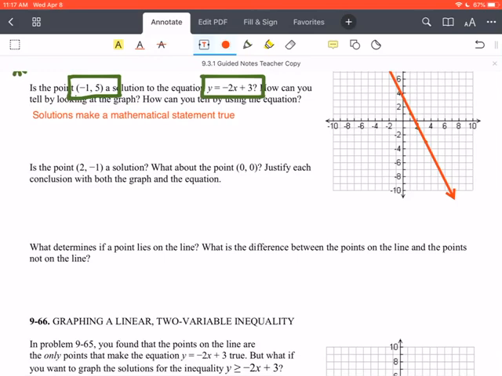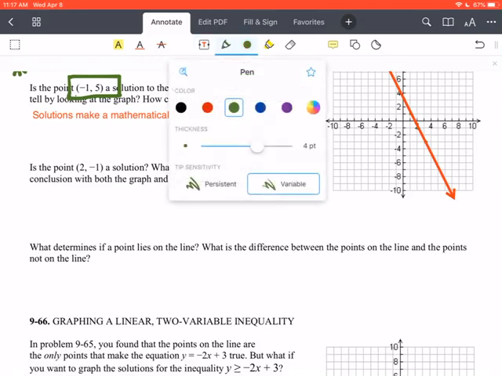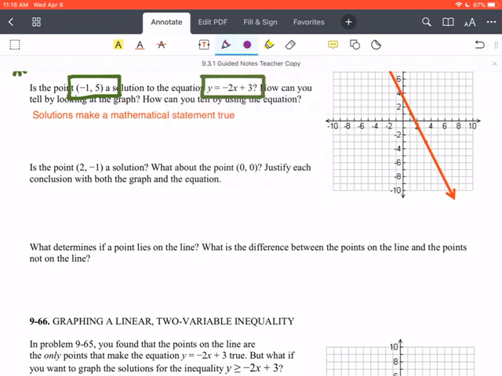So if we ask, how can we tell if negative 1, 5 is a solution on the graph? Let's find where that point is. If I go back on the x-axis to negative 1 and then I go up 5 and put a point there, you can see that my purple point lands on the line. So on a graph, if the point lands on the line that you graphed, it is a solution.